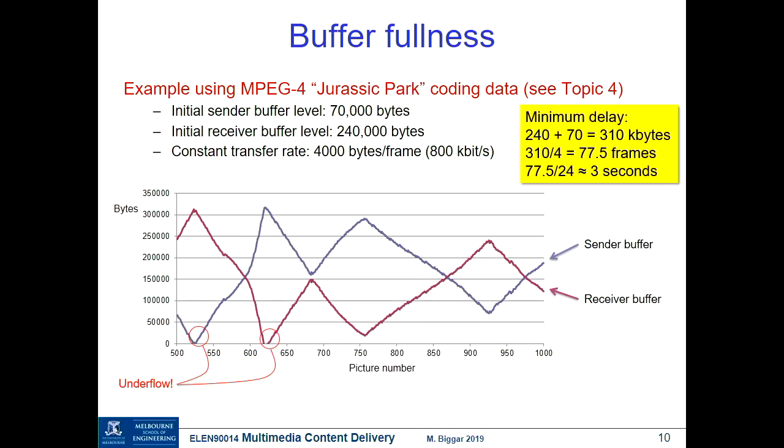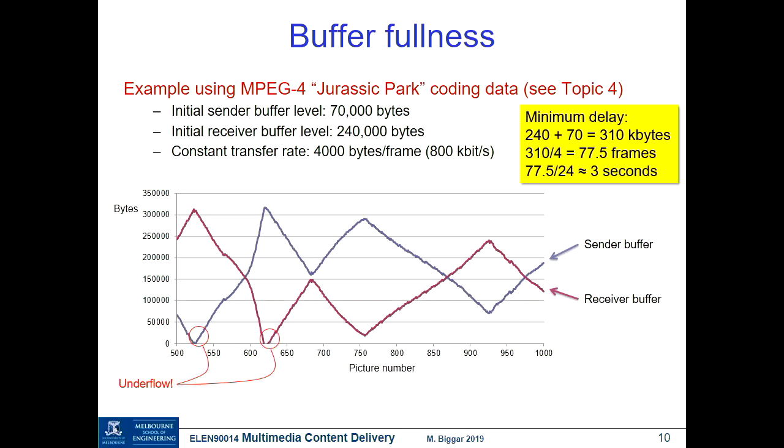So with that constant rate in between the buffers, I set an initial sender buffer level of 70,000 bytes. So that's here, and that turned out to be not enough because over that first period the buffer emptied, so I should have started it a little bit more.